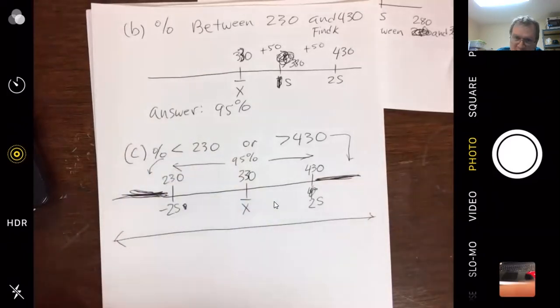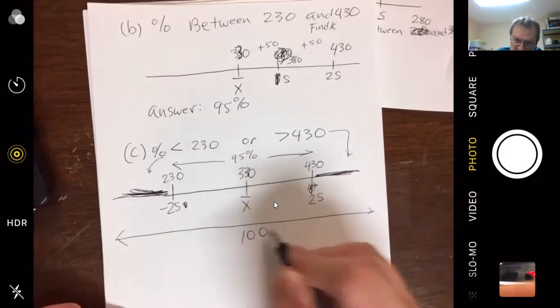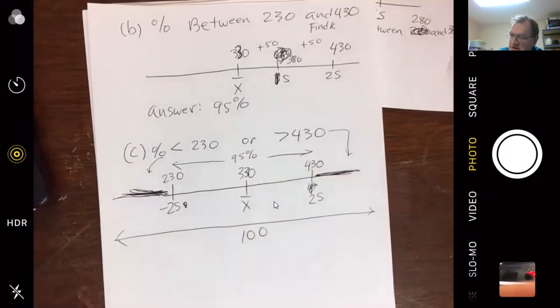I'm going to write the 100 down. Okay. And so do you see what the answer would be here? What would be on both sides if you got 95 out of 100 in the middle? 5%. Very good, 5%. Your answer, I'm writing it down, 100 minus 95 would be 5%.